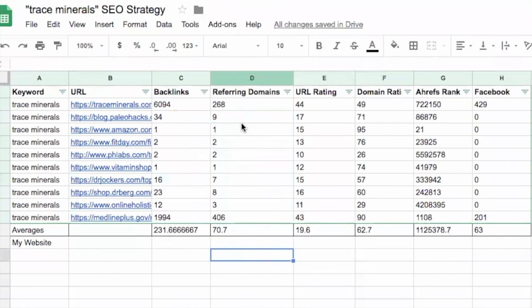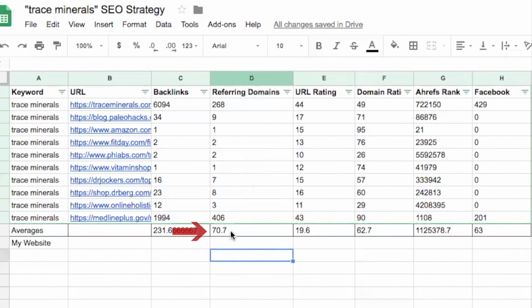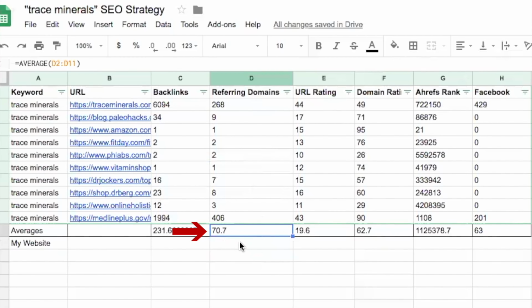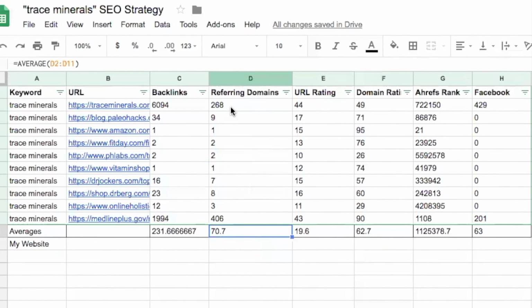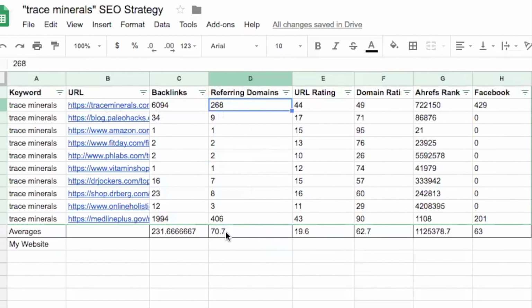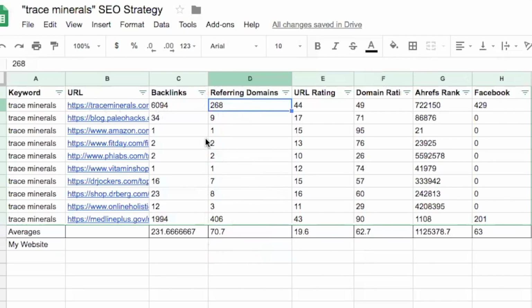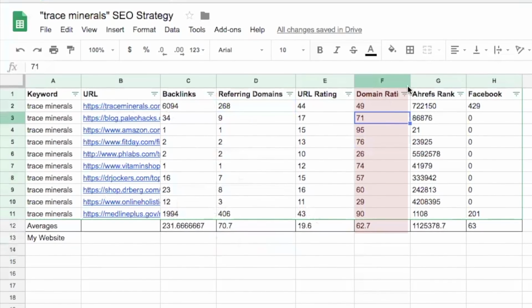And the other big column, actually, I would say probably the most important column here is the linking root domains, because this number right here, 70, is the high end of probably how many linking root domains you would have to get to rank for this keyword, or to at least probably compete with this number one person. So, you can obviously get much less depending on how strong your website is relative to the competitors. So the other big piece is domain rating.